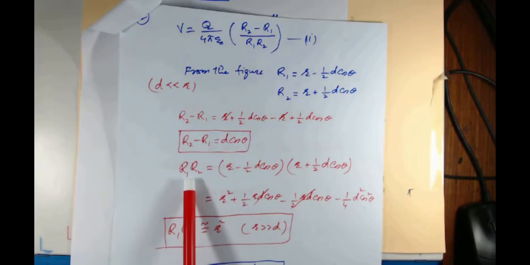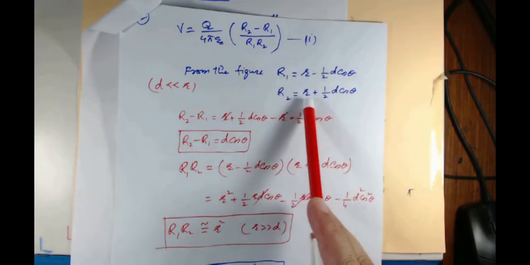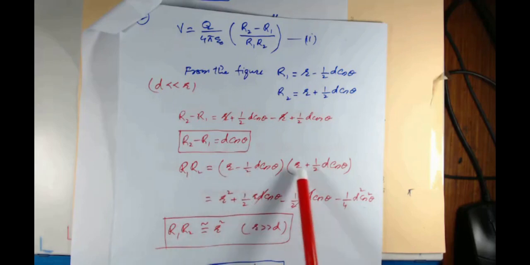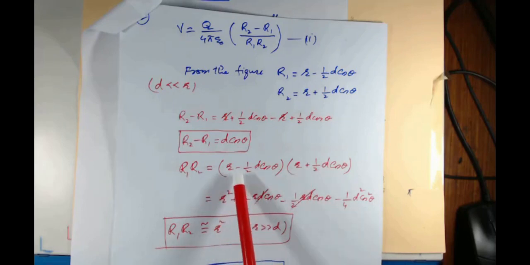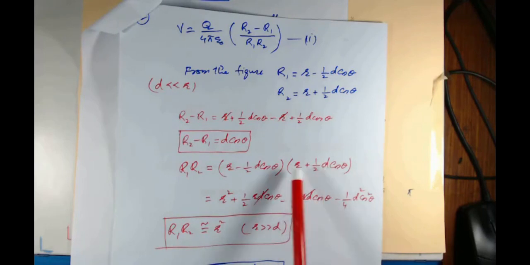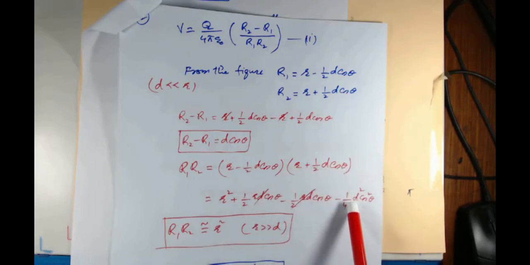Now let us define the product of capital R1 and R2. Using these two relations again, the product becomes r square plus 1 upon 2 r d cosine theta minus 1 upon 2 r d cosine theta, and the product of the other two terms becomes equal to 1 upon 4 d square cosine square theta.